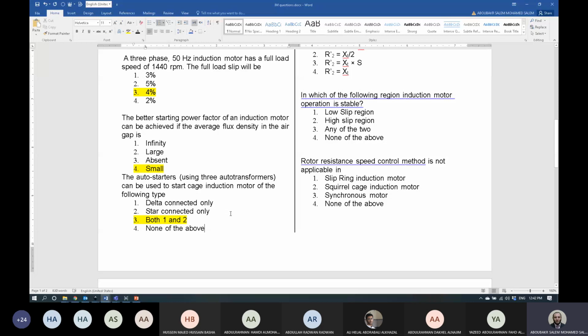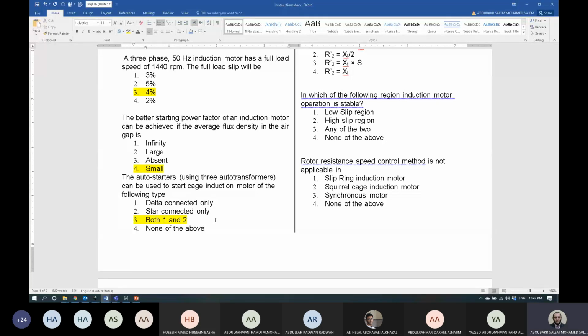Can we use auto transformer with slip ring, guys? I don't think. What is the function of auto transformer? What is the function of auto transformer to start the machine?